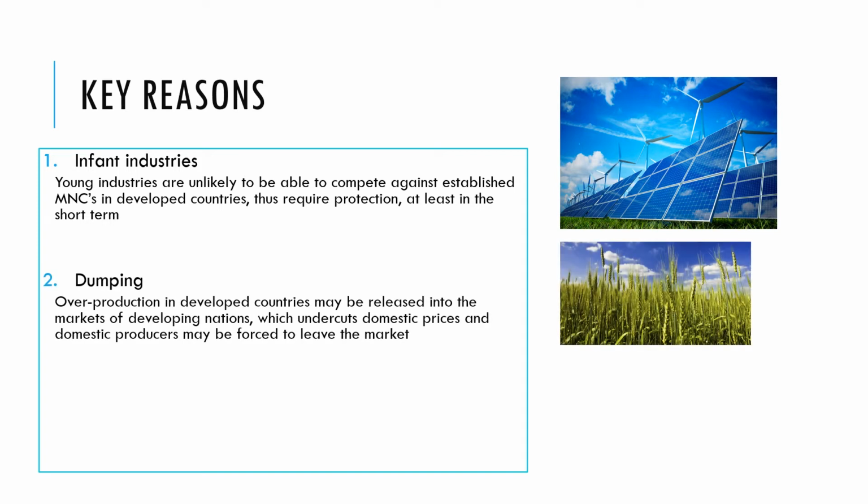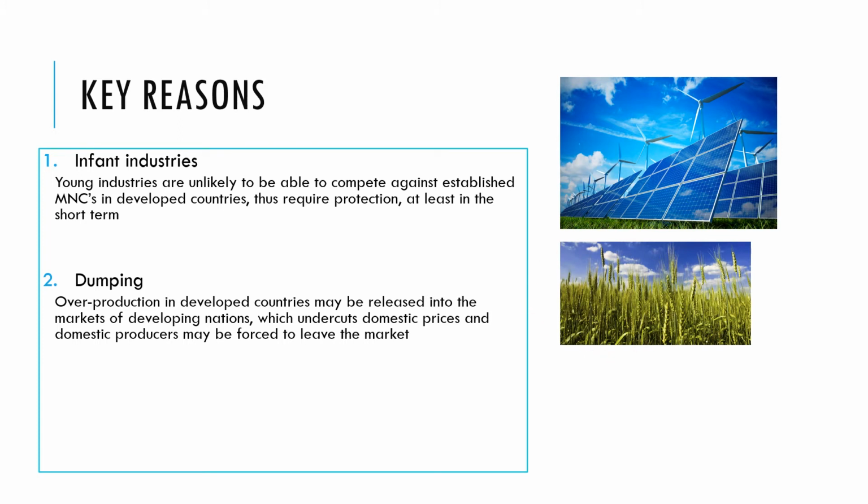The second one we mentioned was to prevent dumping. Now, dumping occurs when countries release or dump excess supply of products into another market. So, for example, agriculture is quite a common example. If we imagine, let's say, that Australia had a bumper crop of wheat and they have lots of excess supply, what they might be tempted to do is take that excess supply and sell it into another market, perhaps the UK market.